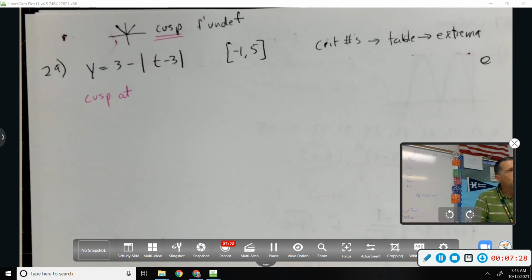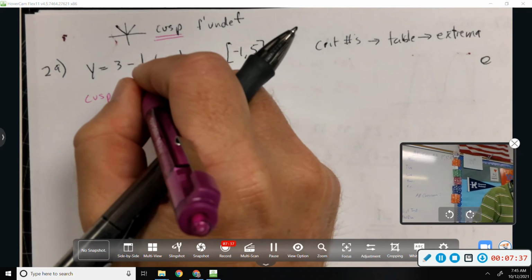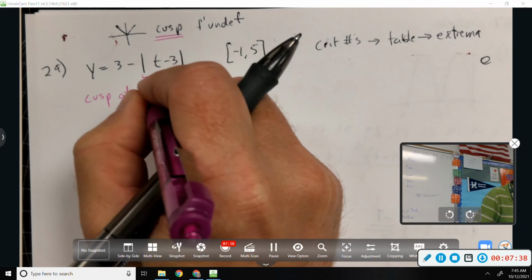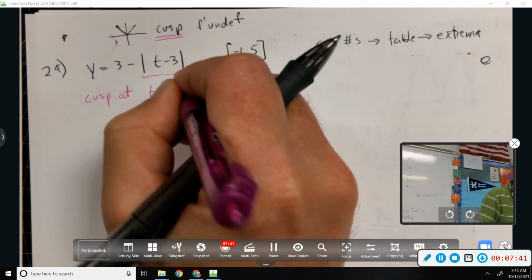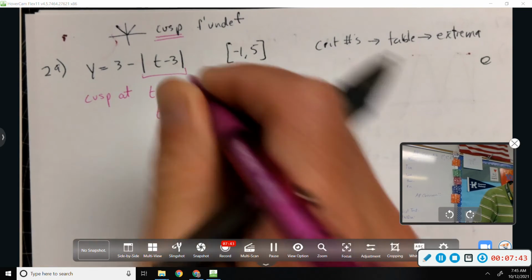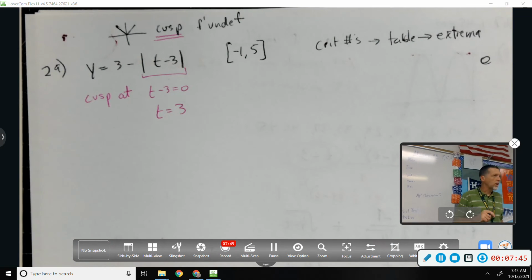Any thoughts? Do you know where the cusp is? Go ahead. What do you think? X equals 3. Good. Well, t equals 3, but yes. Whatever makes this 0 is where the turn happens, where the cusp happens. So there's a cusp at t equals 3.